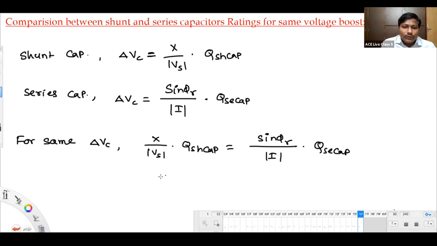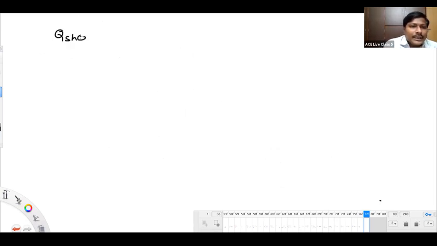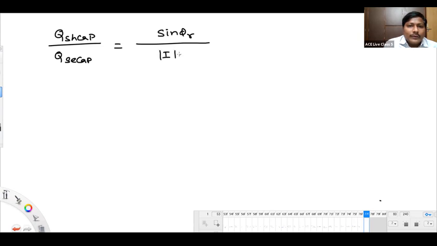If you take the ratio Q shunt by Q series, you get sin phi r by I into mod Vs by X. Taking Vs into the denominator, it comes I into X by Vs. So the ratio between the shunt capacitor bank rating and the series capacitor bank rating is sin phi r by mod I into X by mod Vs.